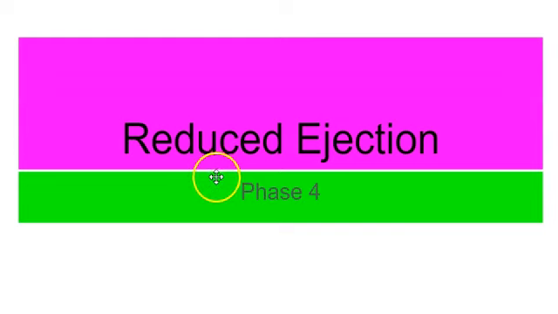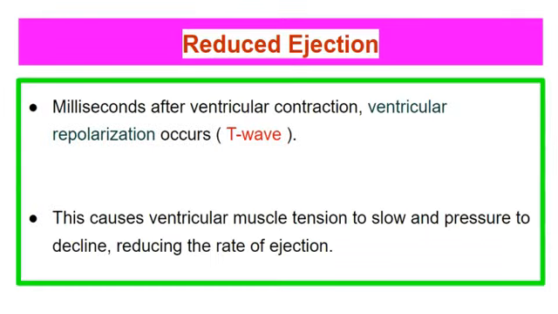The reduced ejection phase, or what we call phase 4. Milliseconds after ventricular contraction, ventricular repolarization occurs, the T wave.